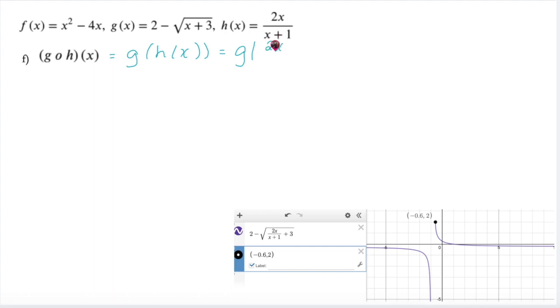H is 2x over x plus 1. So when I see my g function, the only place I need to substitute h into is that x portion underneath the radical. This then gives me 2 minus the square root, replacing x with h, 2x over x plus 1 plus 3.